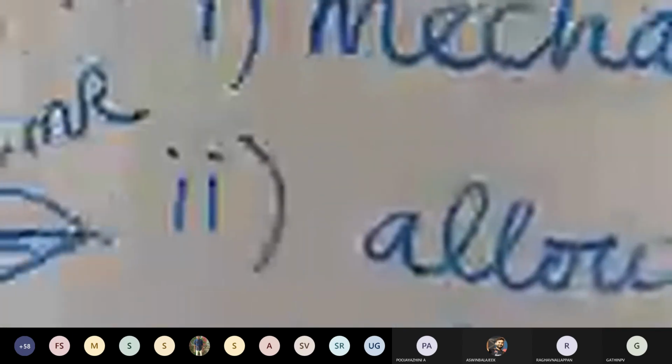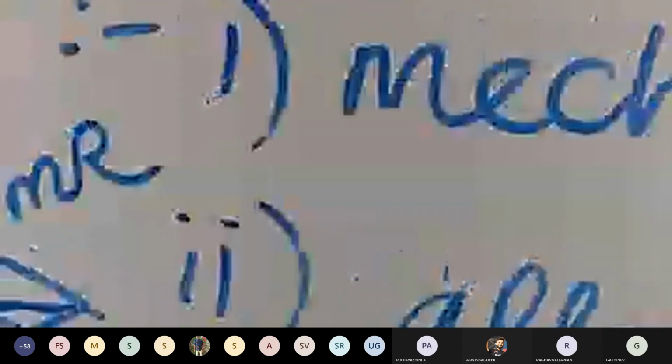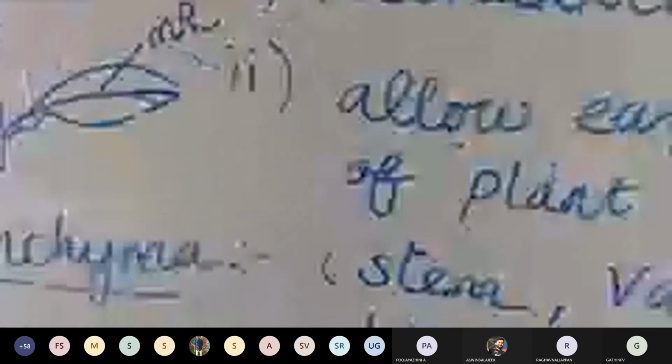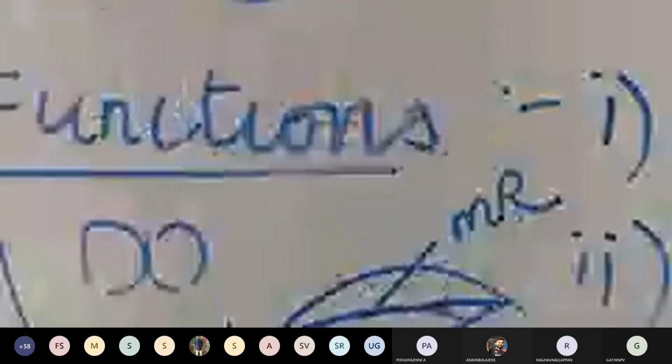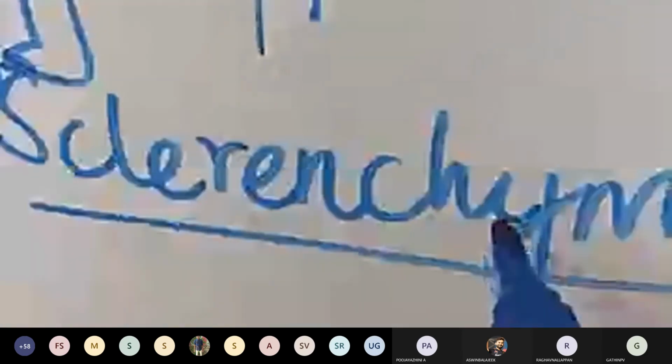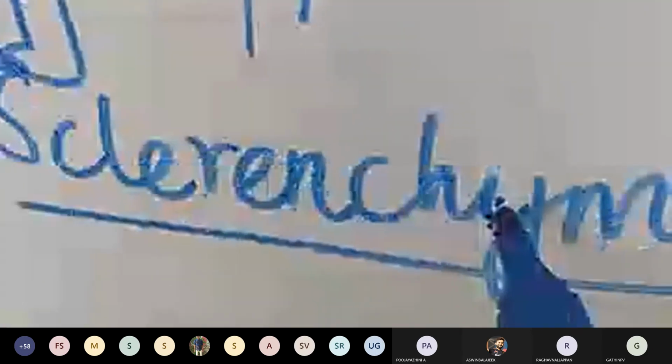The fiber is stiff in nature. That fiber is made up of sclerenchyma. The fiber of the coconut is made up of sclerenchyma cells. They are dead cells. Okay?